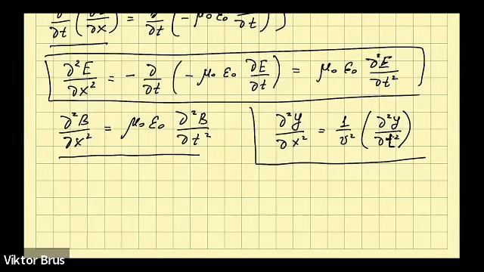So if we compare now this general form of the wave equation with these two equations which we got for electric field and magnetic field, for instance here, for magnetic field, d square B over dx square.